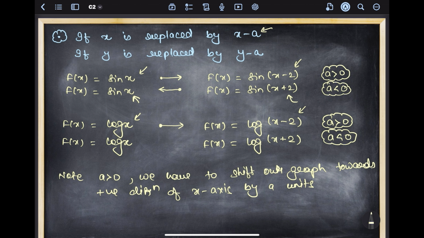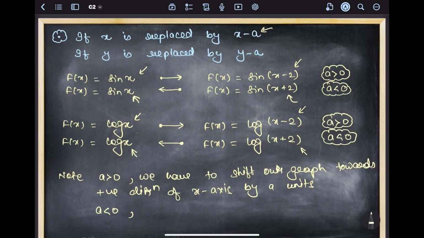Here if you want to get 0, you should put x as 1, but here if you want to get 0, you should create 1, right? So how will you create 1 over here? Just think about it. If you substitute x as minus 1, then it will become 1, and this means your graph will shift towards negative direction of x-axis by a unit.